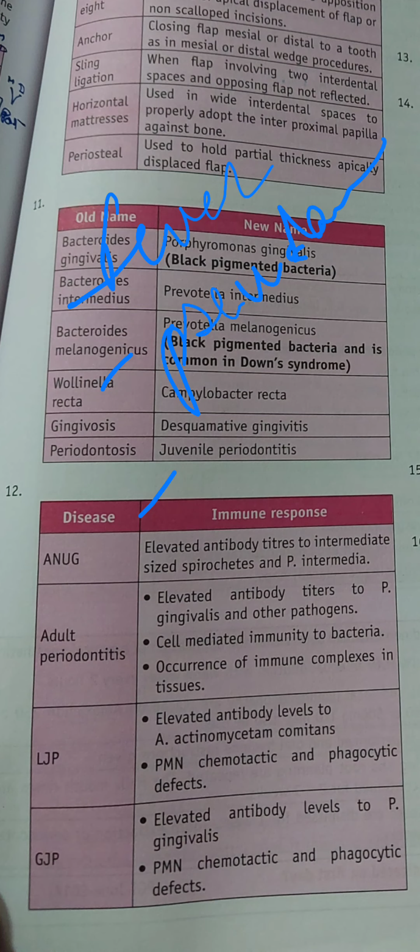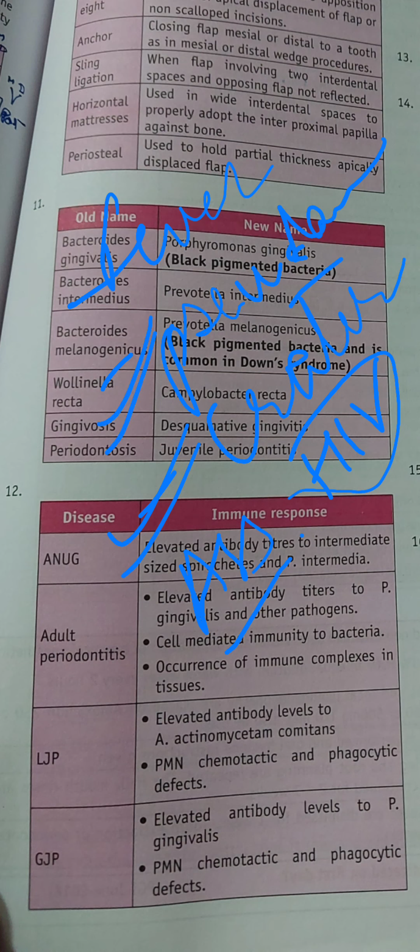ANUG particularly has crater type of lesions, which is very common, and it is very much associated with the disease HIV. People suffering from HIV have high chances of having ANUG. So all these are the features of ANUG. Very important: crater-like lesions and pseudomembrane appearances.